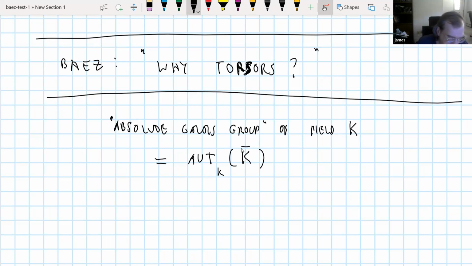We mentioned the idea about this being analogous to the fundamental group of a space at a base point. So one of the semi-obvious questions here is, what's the analog of the base point here? And that has a reasonably nice answer.